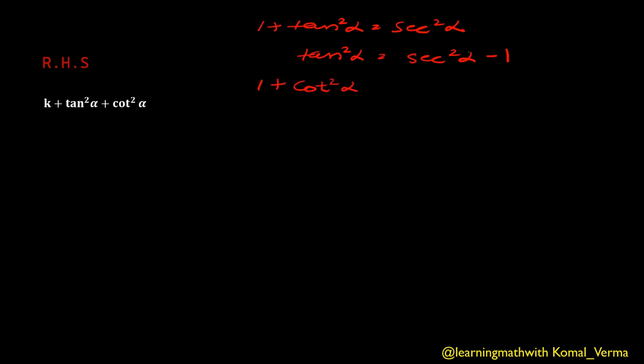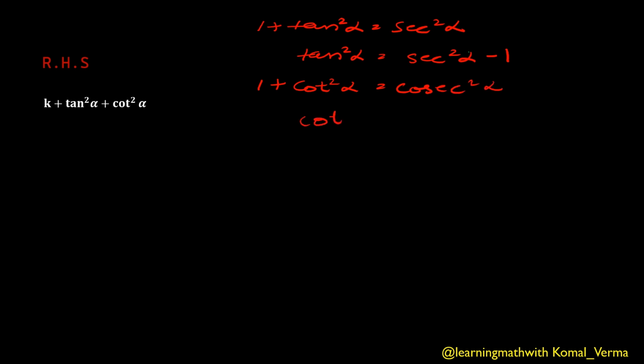Now take the right hand side, that is k plus tan square alpha plus cot square alpha. Before proceeding further, we use some formulas: 1 plus tan square alpha is equal to sec square alpha. Therefore, the value of tan square alpha becomes sec square alpha minus 1, and as we know 1 plus cot square alpha is equal to cosec square alpha.